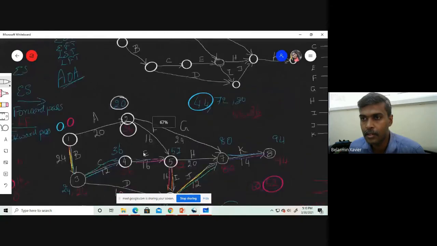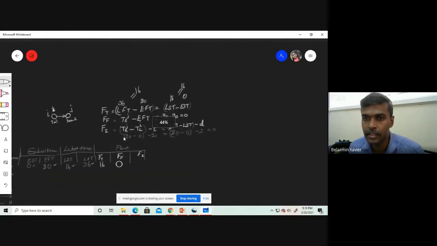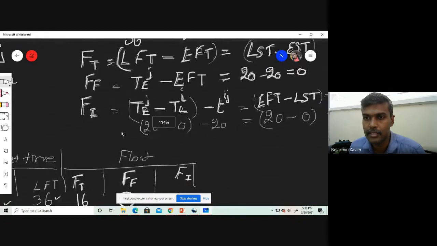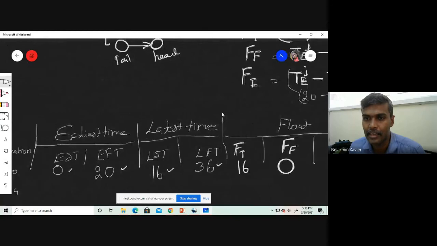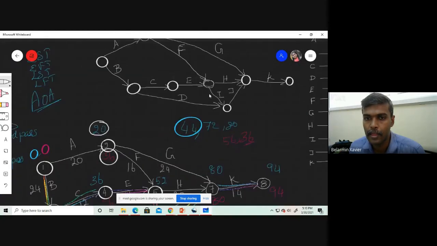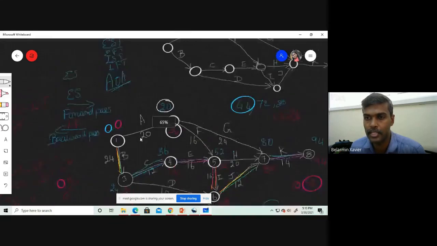TE of j for activity A is 20. And TL of i, it means latest occurrence time of i, where i is node 1, that is 0, minus the total duration 20.